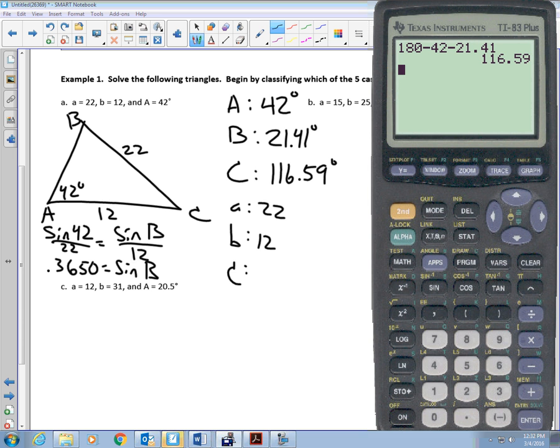How do I find c? Law of sines, sine of 42 divided by 22 equals sine of 116.59 over c. Cross multiply and solve.